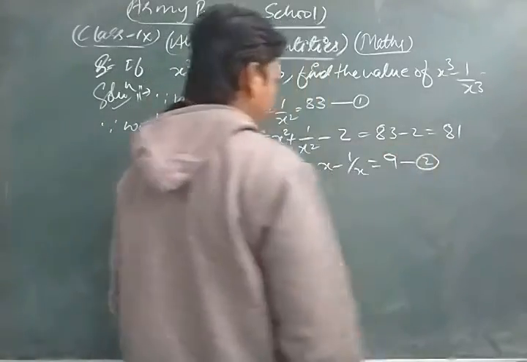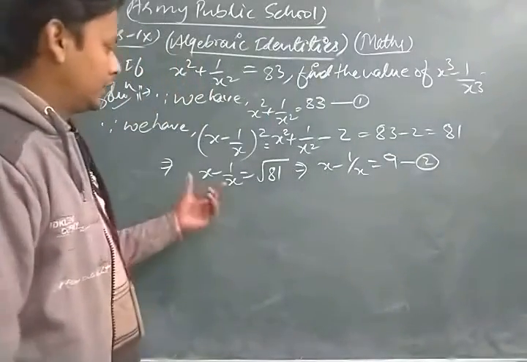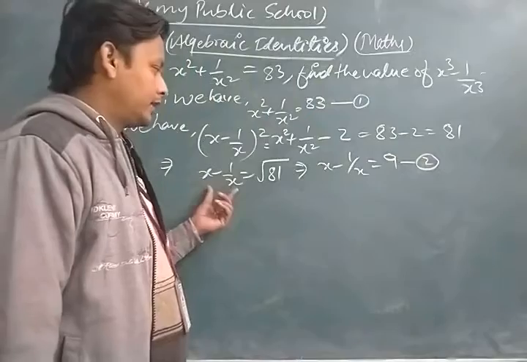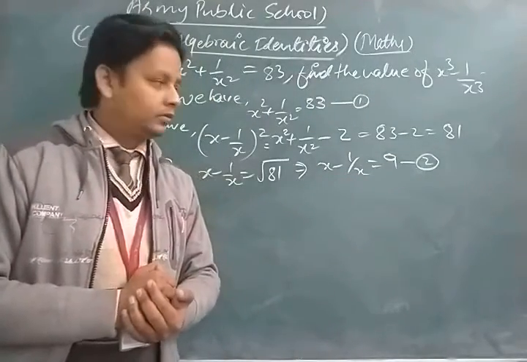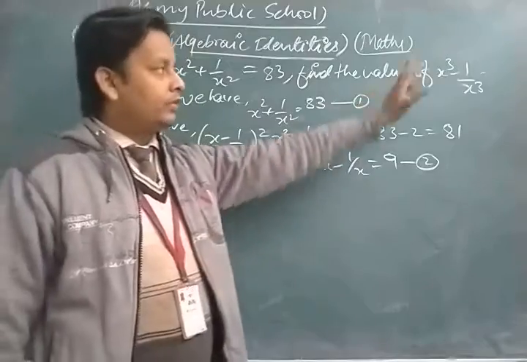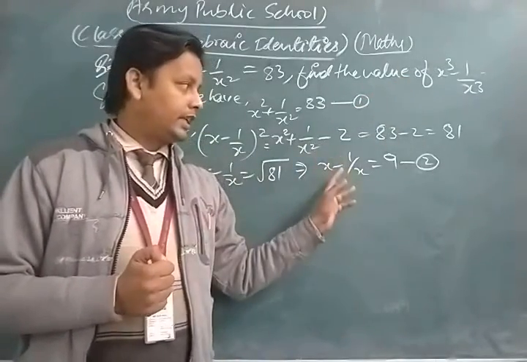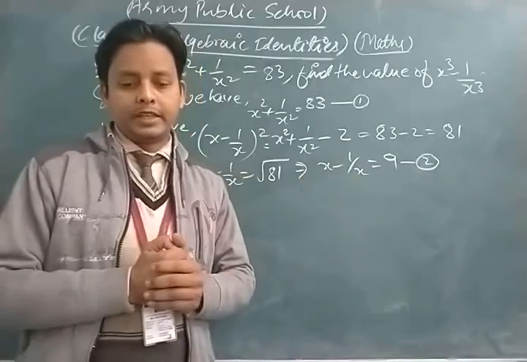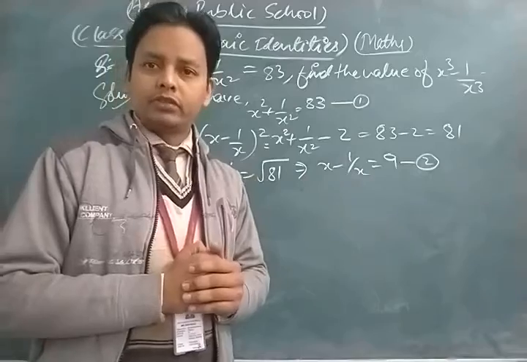We take this as equation number 2. In this way we get the value of x minus 1 upon x equal to 9. Now we find the value of x cube minus 1 upon x cube, so we take the cube on both sides of equation 2.